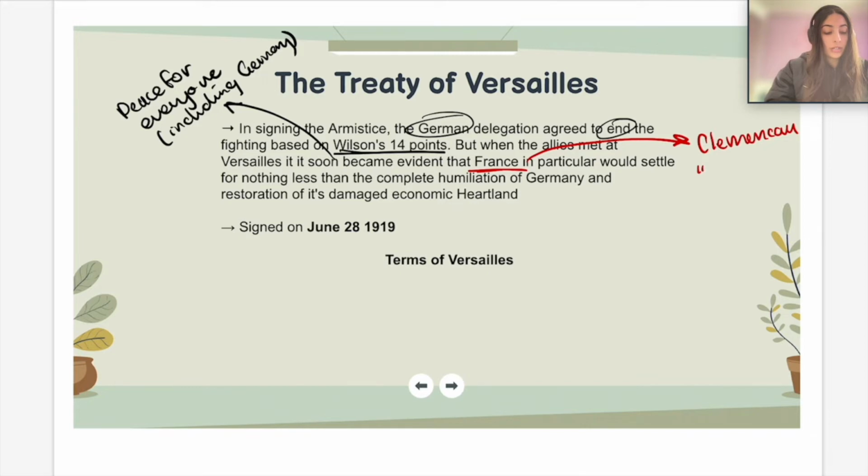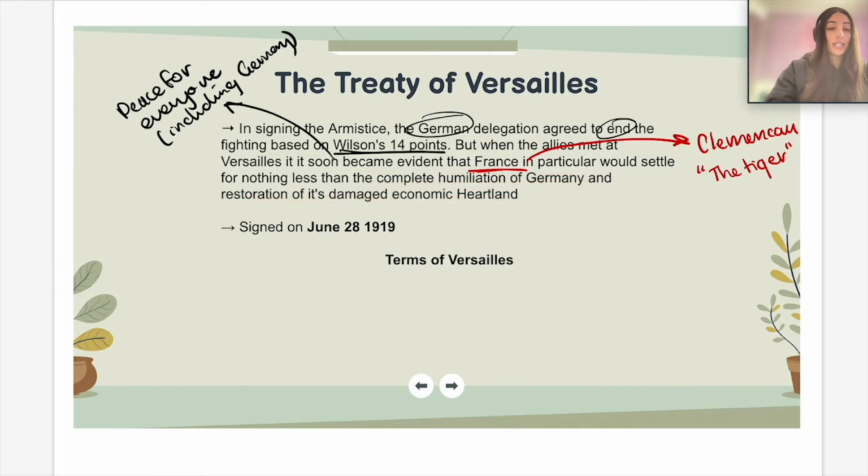And it would be a really good idea to get into the habit of calling Clemenceau the Tiger, because his requests for what he wanted from the treaty were really, really tough towards Germany, and so he earned himself the nickname of the Tiger. He would settle for nothing less than the complete humiliation of Germany and a restoration of the damaged economic heartland.